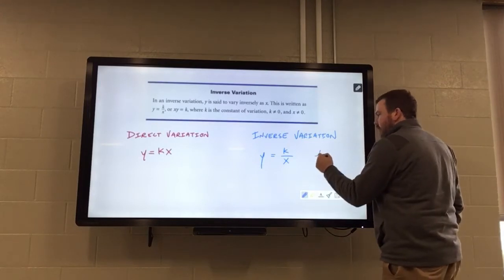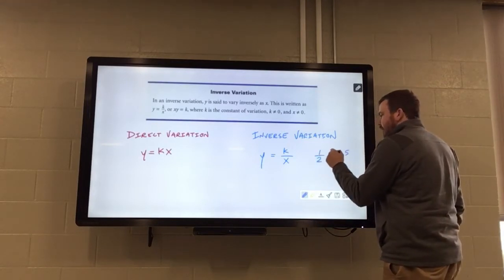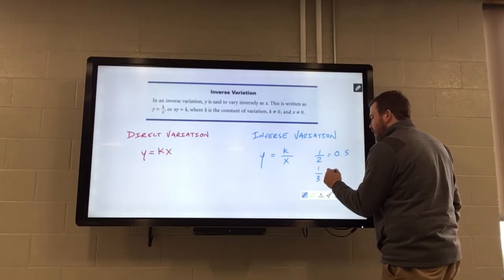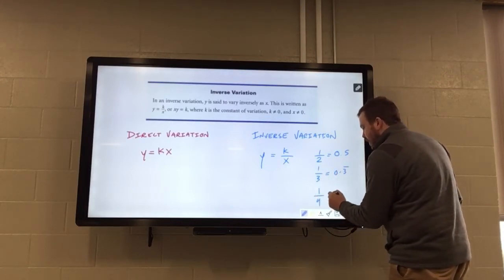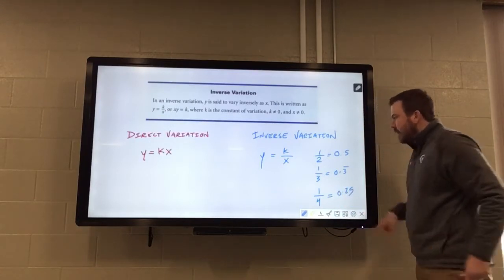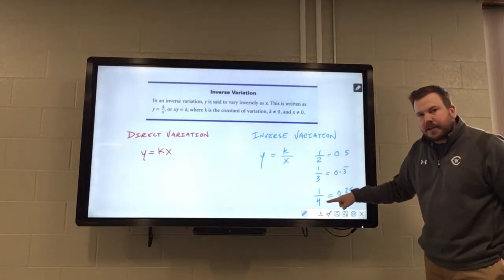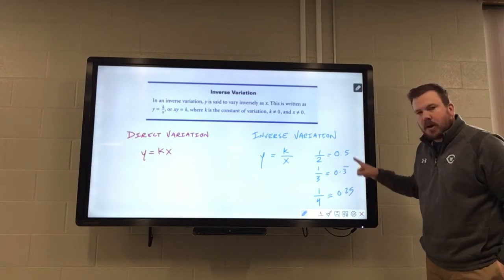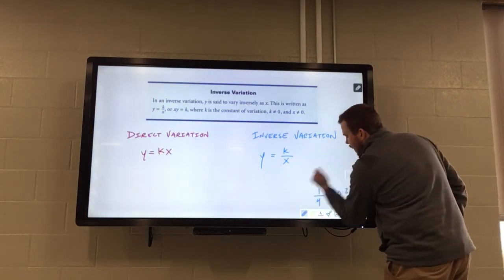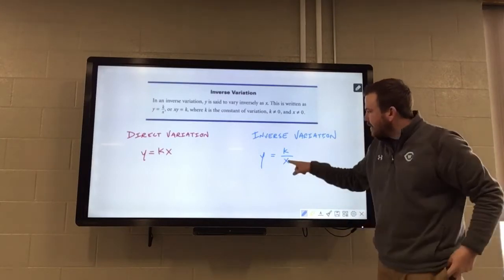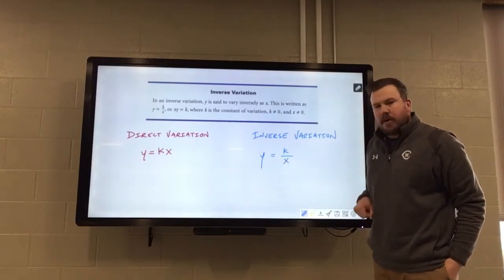If you have 1 over 2, our value is 0.5. If I have 1 over 3, our value is 0.3 repeating. If I have 1 over 4, my value is 0.25, okay? As the denominator gets bigger, the value gets smaller and smaller and smaller. So with inverse variation, as x gets bigger, y gets smaller.